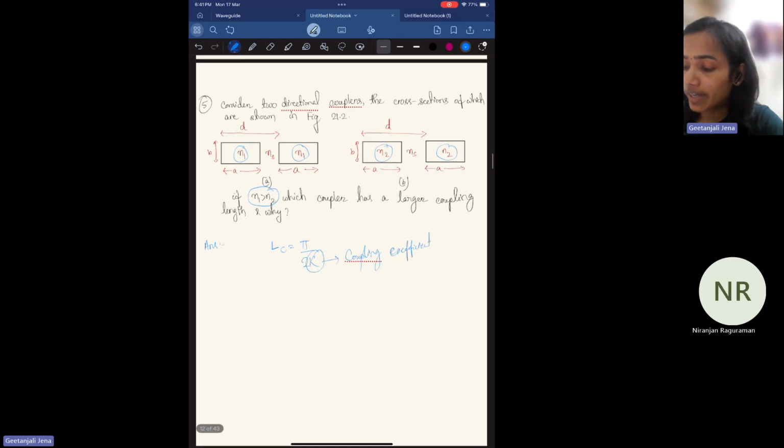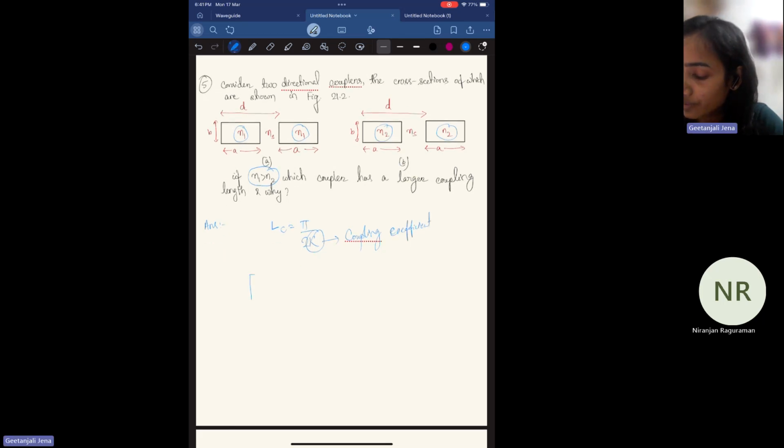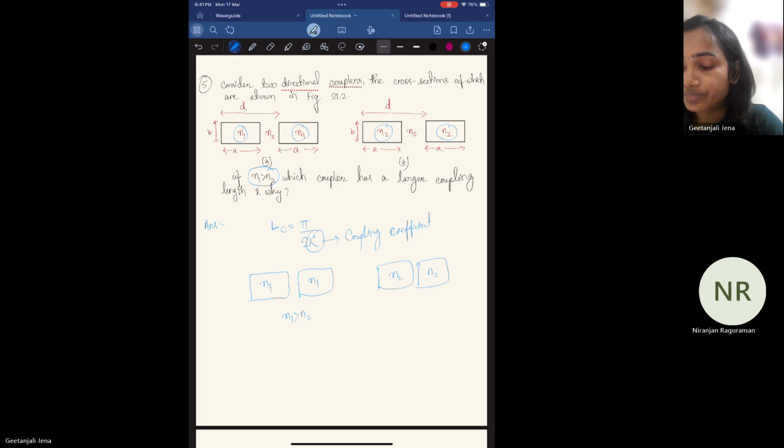Now let us see what we have. So we have two directional couplers now. Here it is N1, here it is N2. And it is given N1 is greater than N2. N1 will have a smaller LC. Why?